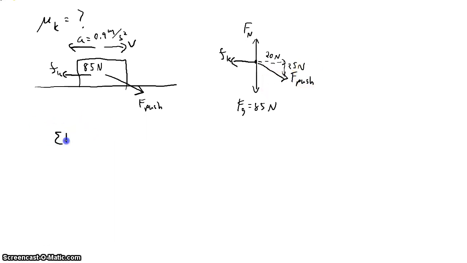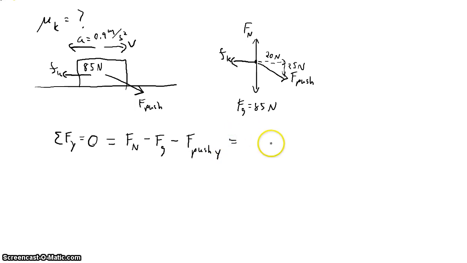We know that the vertical net force must be 0 because the box is not accelerating upwards or downwards. So that 0 net force is also equal to, in this situation, if we define up as positive, the normal force minus force of gravity and minus the force push y component.